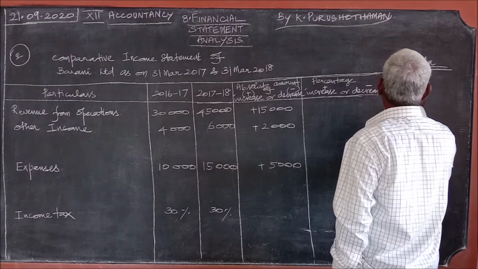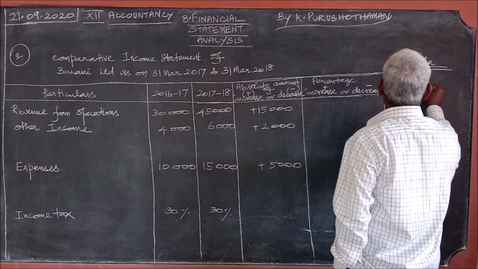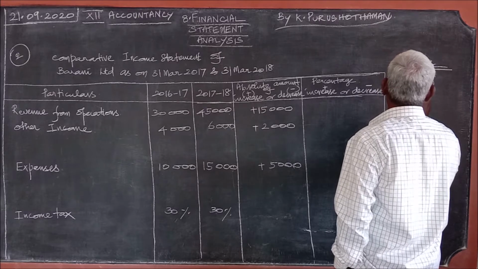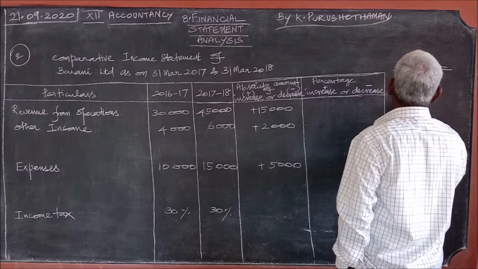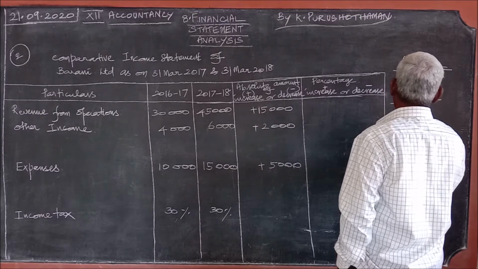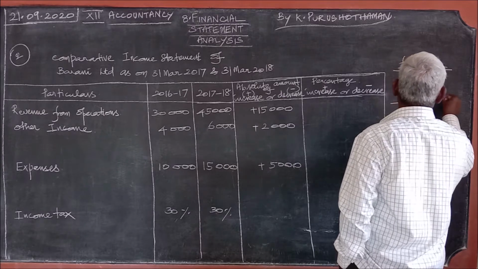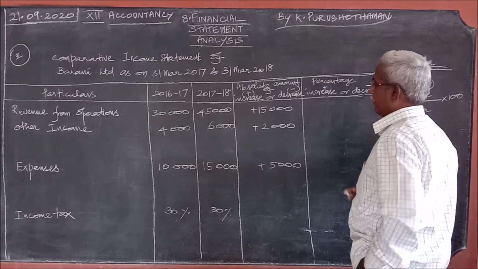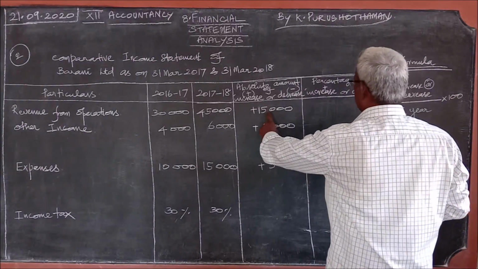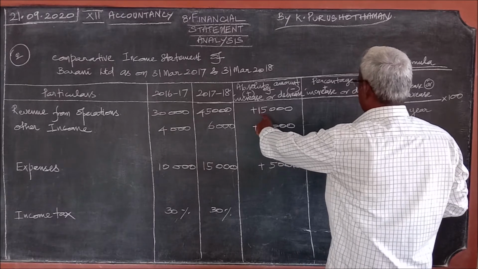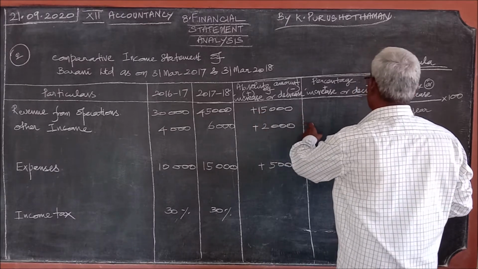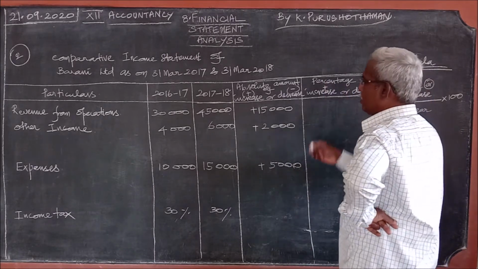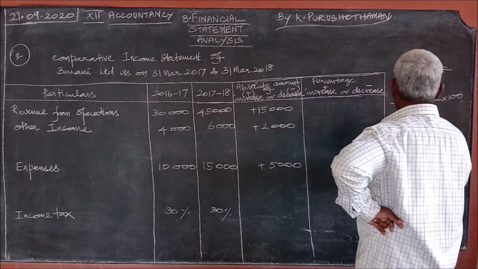Increase or decrease divided by first year into 100. You should keep this in mind. Since it is increase, we put plus. If it is decrease, we put minus.